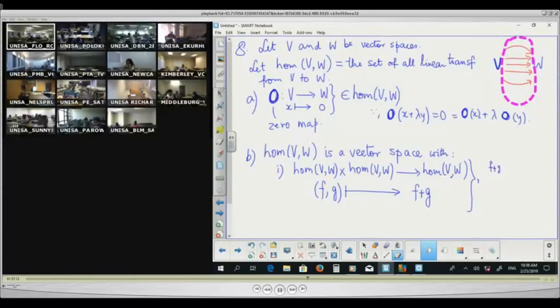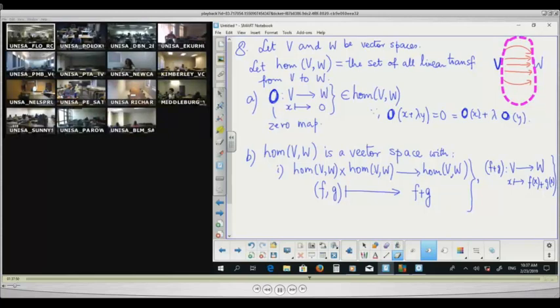How do I define this binary operation, f plus g? I mean, this function f plus g. Well, I do the most obvious thing. I did it before. It's point-wise addition. Remember we did this before, in my last lecture.